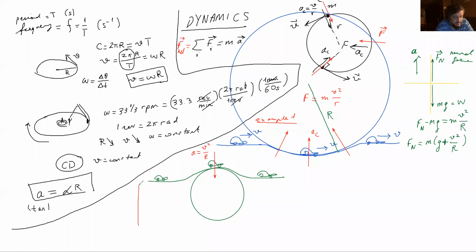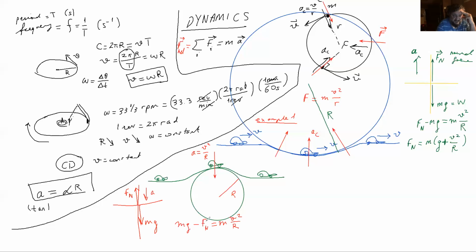Okay, so here's your free body diagram. mg downward and the normal force upward, but the acceleration is downward. The net force has to be downward. Therefore, mg minus Fn is equal to mass times v squared over r.